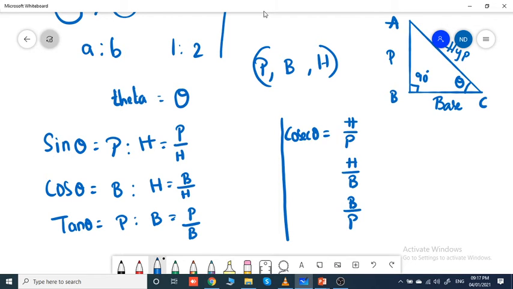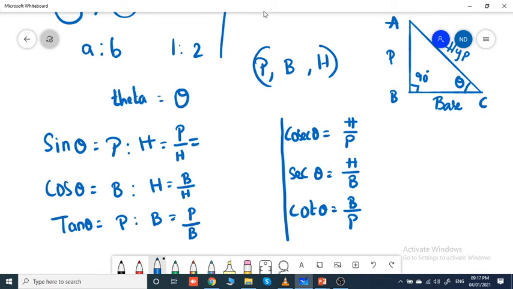Fifth one is secant theta. And sixth one is cot theta. Like this we see there are 6 different trigonometric ratios.